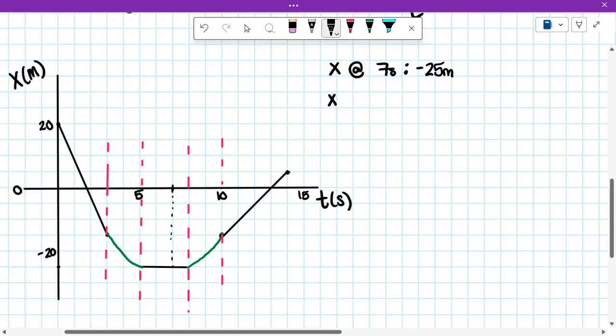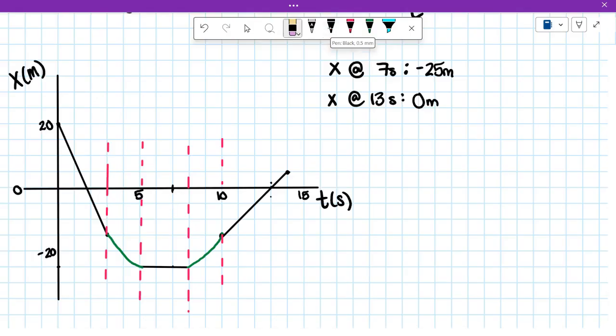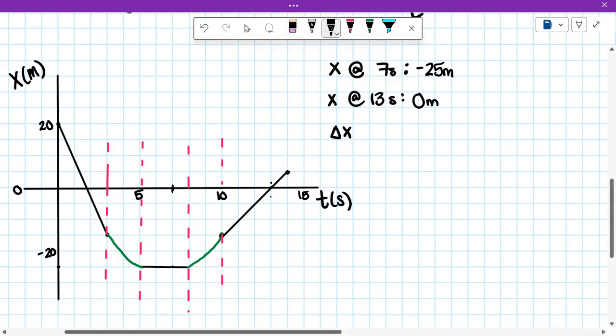If I wanted to find, let's say, the position at 13 seconds, right, I would go and I would find 13 seconds, which is here, and I'm on the x-axis, so that means my position is 0 meters. So to find our positions at specific points in time, we're just reading off of the graph. Now let's say we might want to find our change in position. Our change in position is something that's going to occur over a time frame. Right, so a period of time.